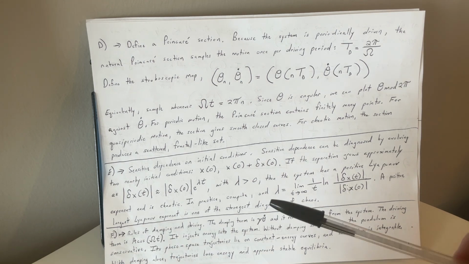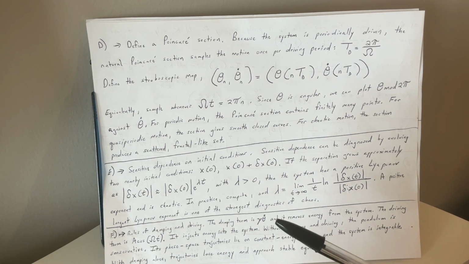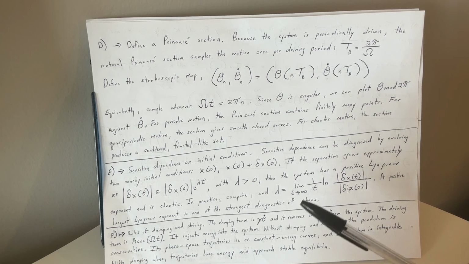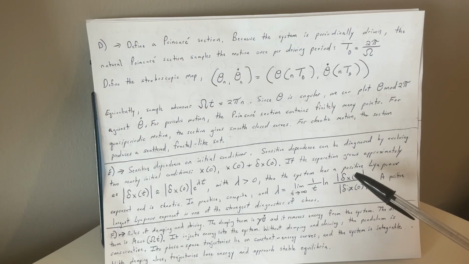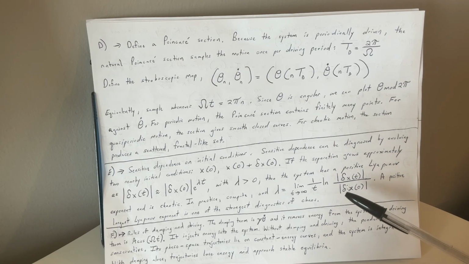And in practice, by computing, we have lambda equals the limit as t approaches infinity of 1 over t times ln of the magnitude of delta x of t divided by the magnitude of delta x of 0.